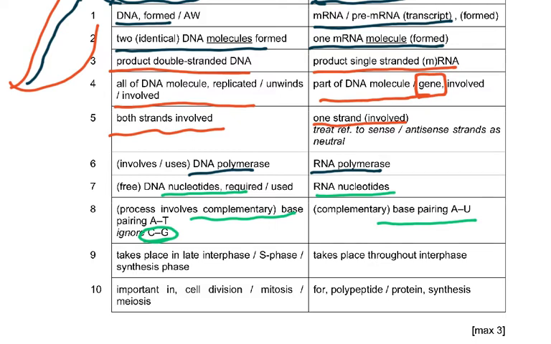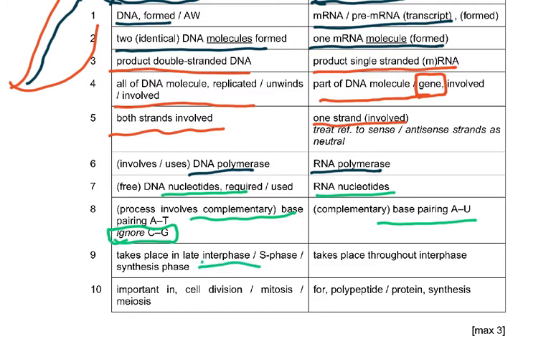They asked for differences, they didn't say compare. If they say compare, then it's similarities and differences. That's why ignore CG. You must always understand why it says ignore: because CG is in both DNA replication and transcription.